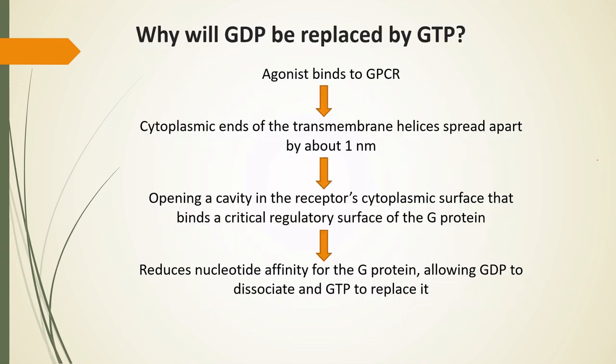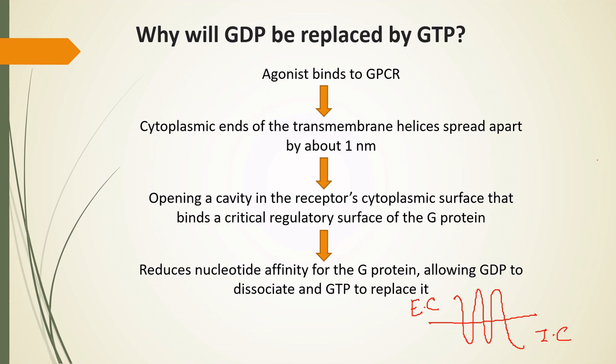The question that arises is why will GDP be replaced by GTP? Now, let us suppose this is a G protein coupled receptor. I am not drawing the entire structure. We know it has got an extracytoplasmic end and an intracellular or intracytoplasmic end.